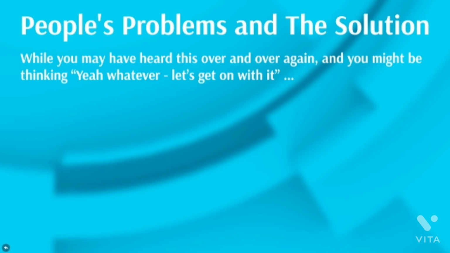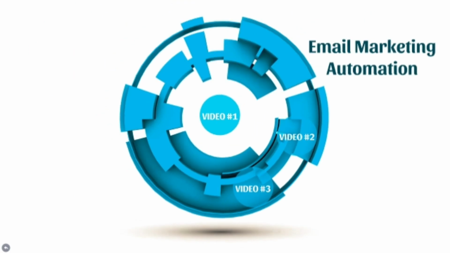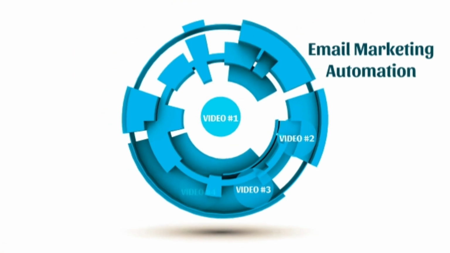But if you build a list just to build a list, without any sort of plan, without even understanding their problems and pains, you don't really know what stage they are at. Does that make sense? So believe it or not, this is extremely important. You need to jot these solutions down so that people feel connected to you, or else, of course, they'll leave. So with that said, let's move on to video number 4.